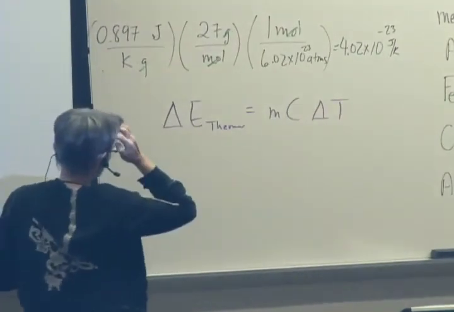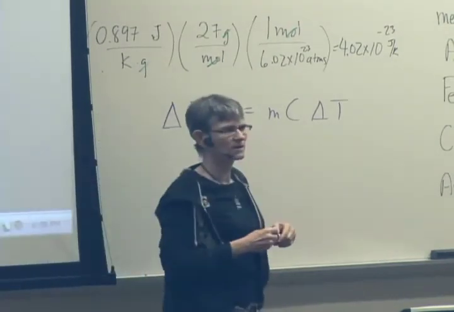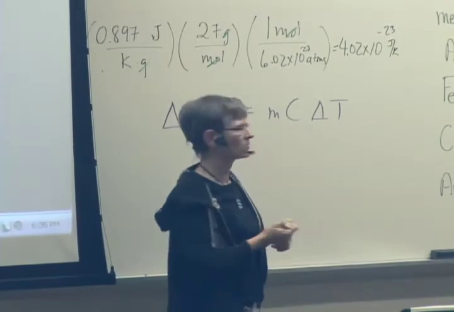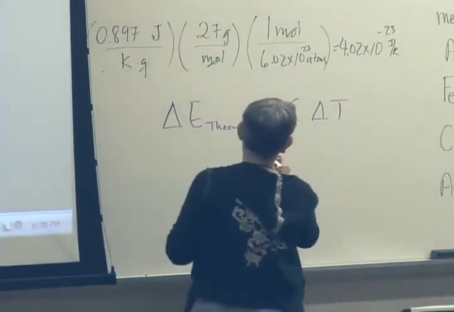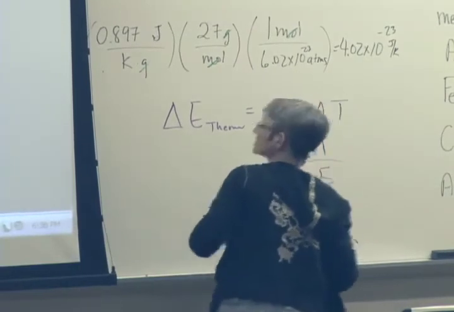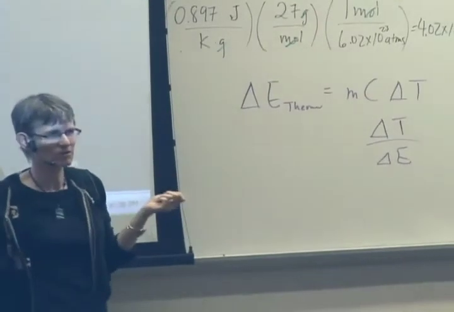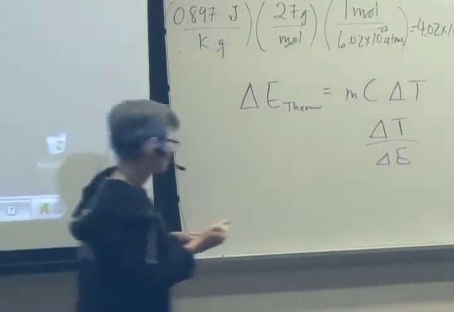So the change in temperature with respect to energy is related to, okay, so we have delta T over delta E. That's what the slope of that graph is, right? Change in temperature as you change the energy. Yeah, that's right.